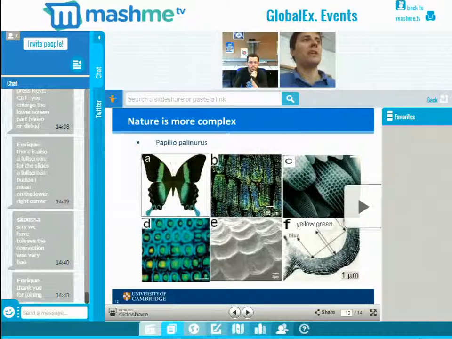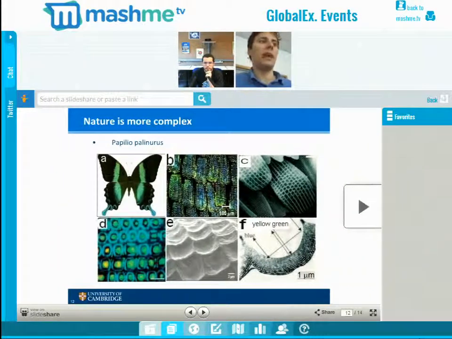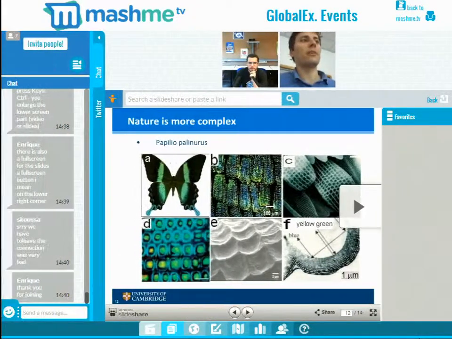And as you can see, they are made out of a multi-layer structure. So again, this transparent chitin and air. And the refractive index contrast of these two materials then leads to the interaction of light with these structures, which generate this beautiful green on the papilio butterfly.